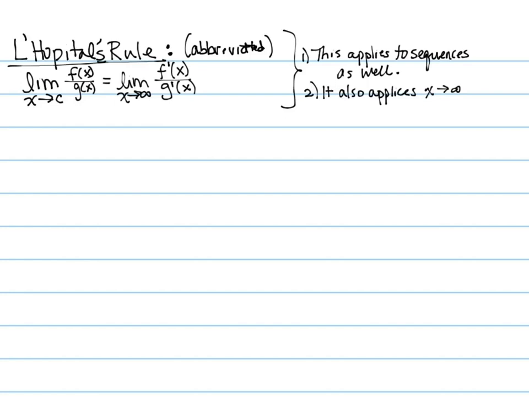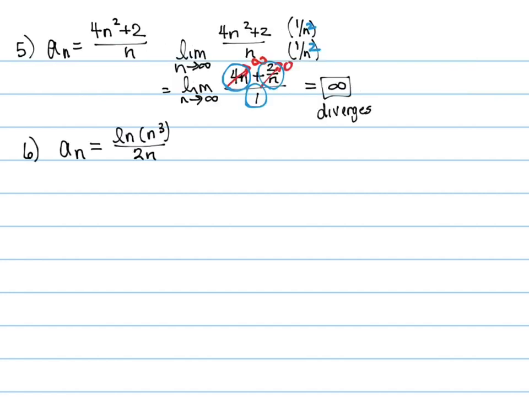So let's take a look at what happens with L'Hopital's rule in our last example. If I want the limit as n goes to infinity of the natural log of n cubed over 2n, I can do this with L'Hopital's rule.